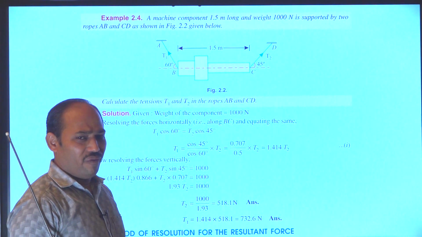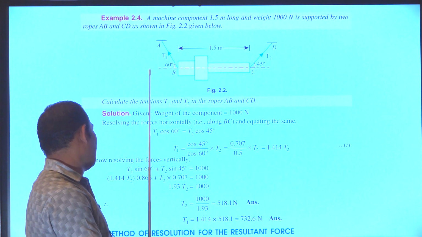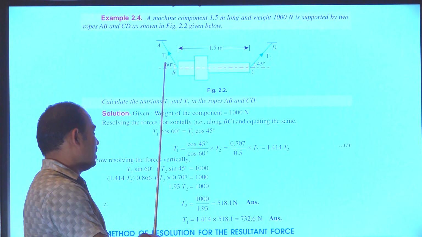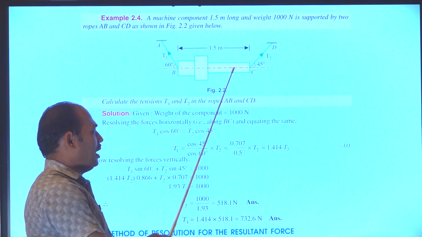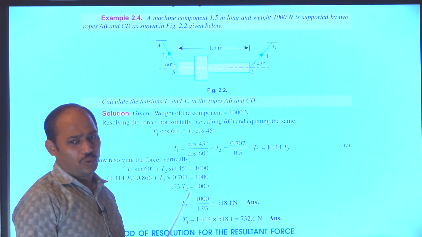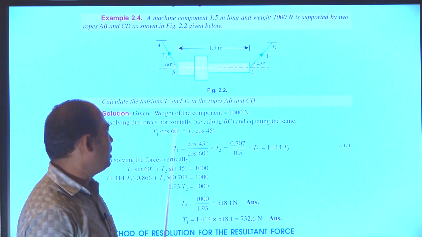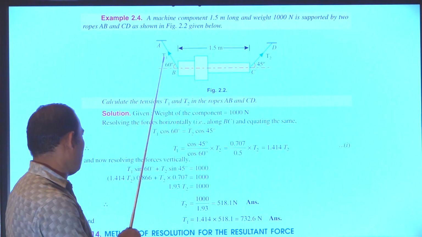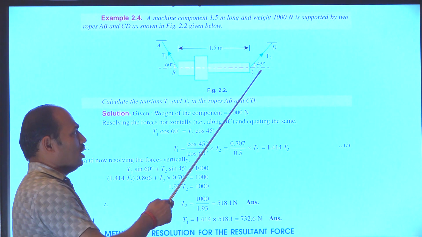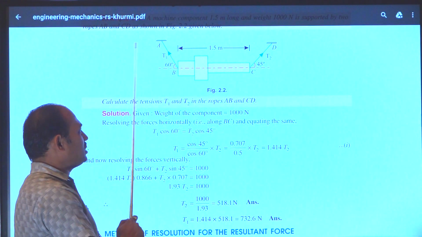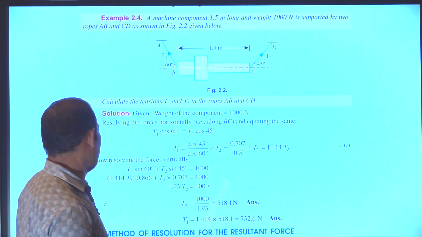Remember, when there is a rope, tension is created in it. So tension T1 is in rope AB and tension T2 is in rope CD.